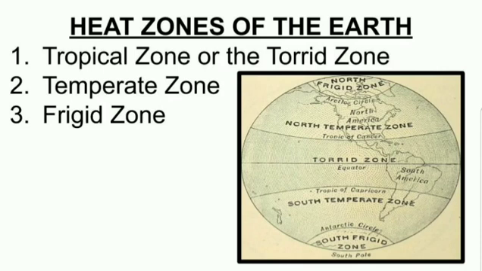It is not too hot, not too cold, because the sun rays are a little slanting. It's not fully slanting but a little slanting. ये moderate zone है, heat zones hot नहीं हैं ज़्यादा, they are moderate. So कौन से हैं temperate zone, कहाँ से कहाँ तक है, from the Tropic of Cancer 23.5 degrees north till the Arctic Circle 66.5 degrees north, that is called the north temperate zone.